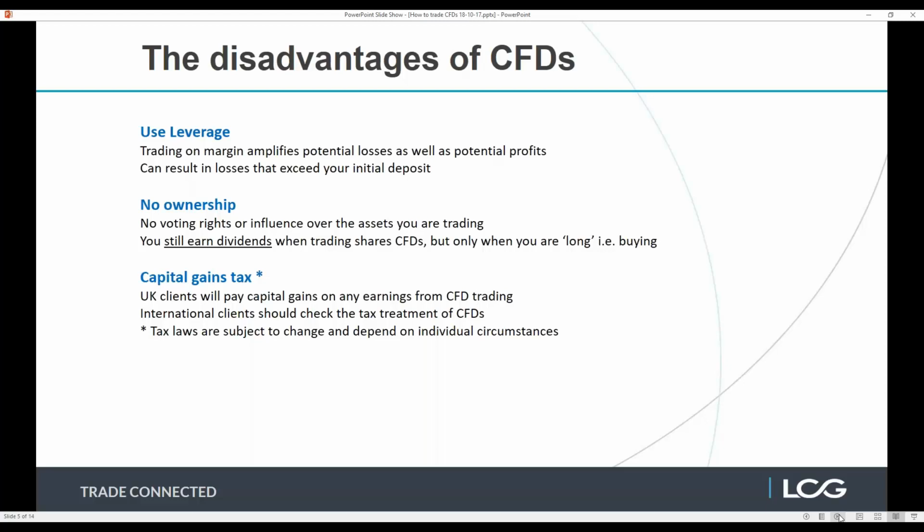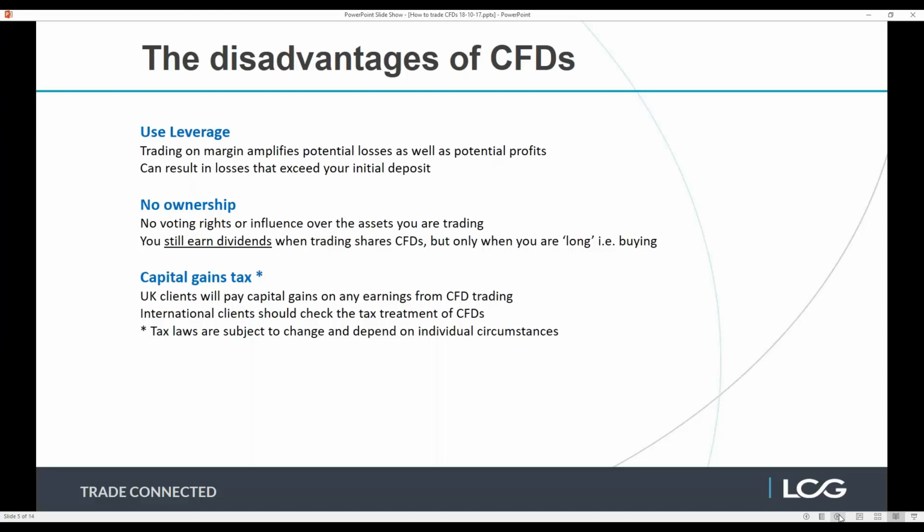Now, back to that point about ownership. The good thing is that you don't need to bother around with share certificates or anything. I mean, things are pretty digital these days, but you don't own anything. So there's no responsibility there. That's a plus. But the downside is, in the case of equities, you don't have any voting rights or influence over the markets you're trading. That's more of an issue, I would say, for much larger traders when you're placing really big bets that would influence the price.